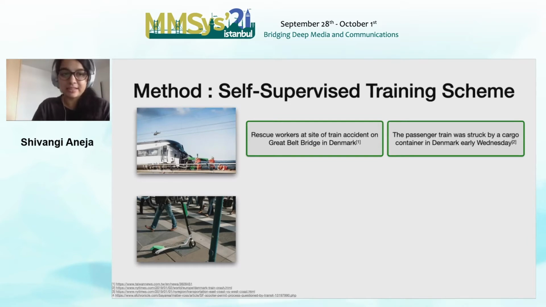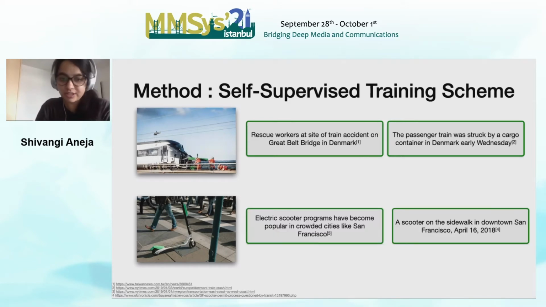So for instance, this is an image of a train accident, and one website shared this image with something about rescue workers, and the second website shared the same image with something about a passenger train. Same with this image of a scooter, which was shared with these two different captions by different websites.